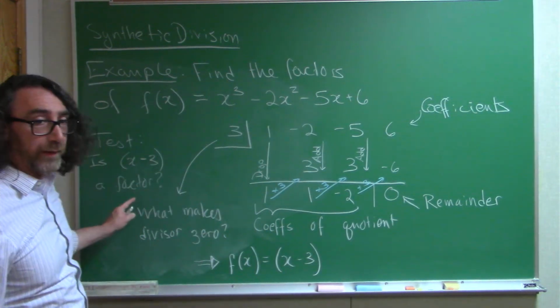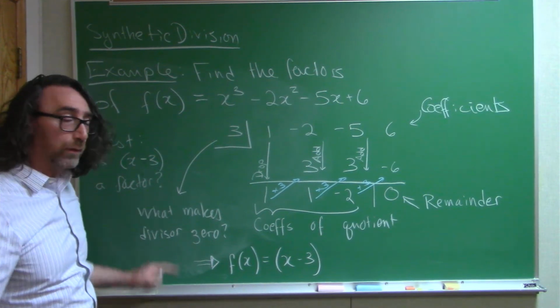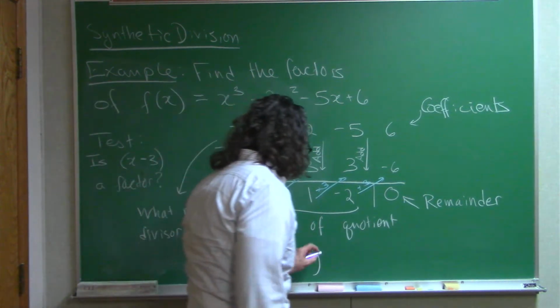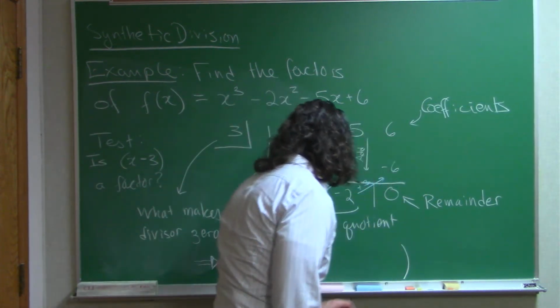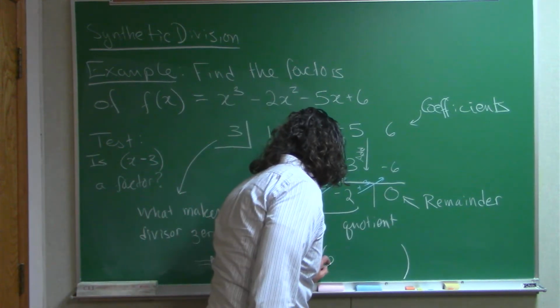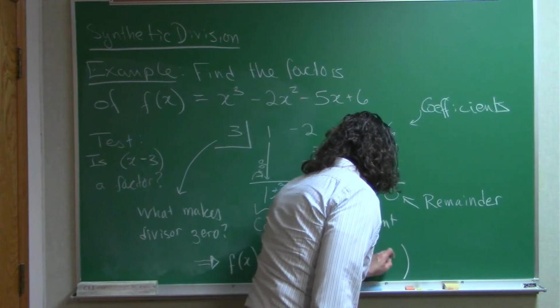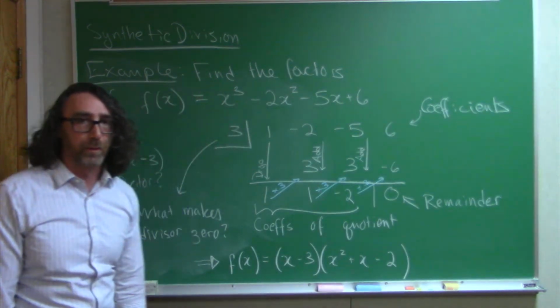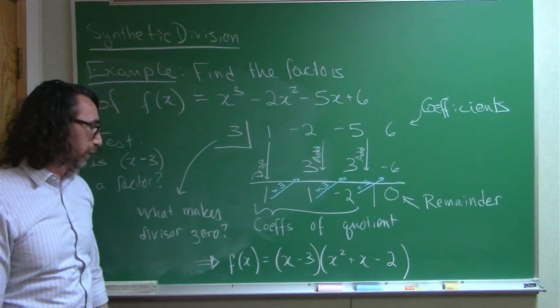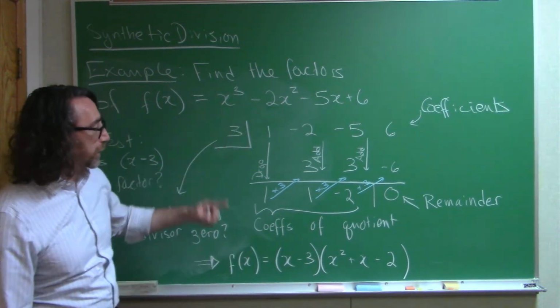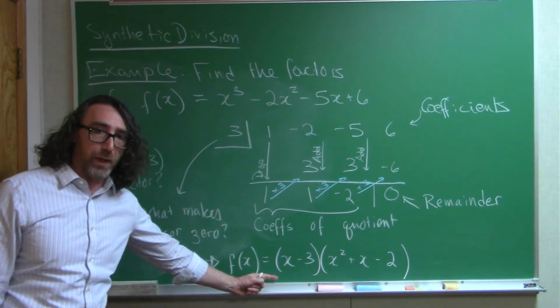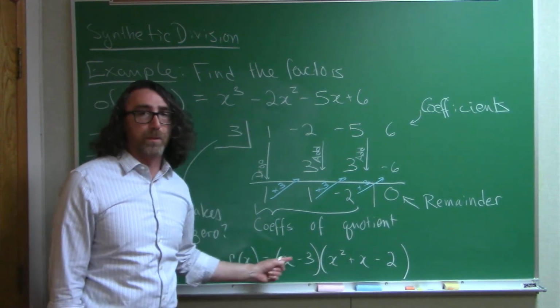We tested whether that was a factor. We saw it was a factor. x minus 3 times 1x squared plus 1x minus 2. Okay? So this original polynomial factors into the product of these two polynomials.